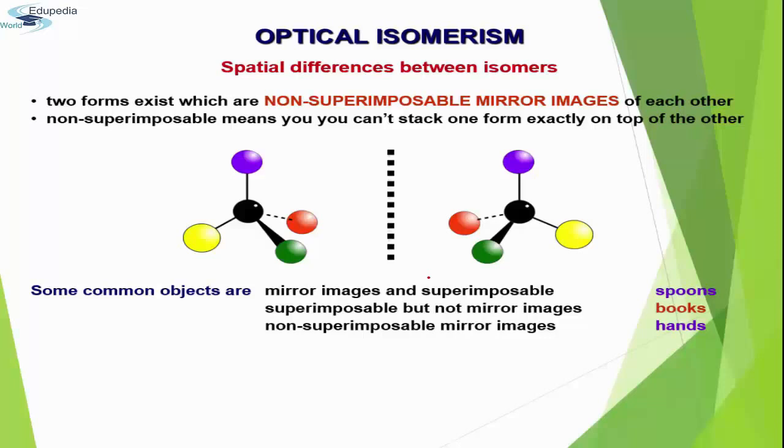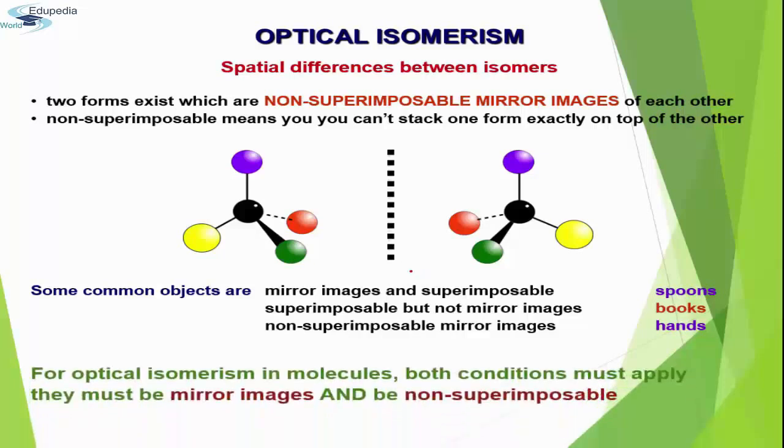So they are mirror images and superimposable. Books are superimposable but they are not mirror images. Hands are mirror images but not superimposable. So the essential criterion for optical isomerism is that they should be mirror images and non-superimposable.